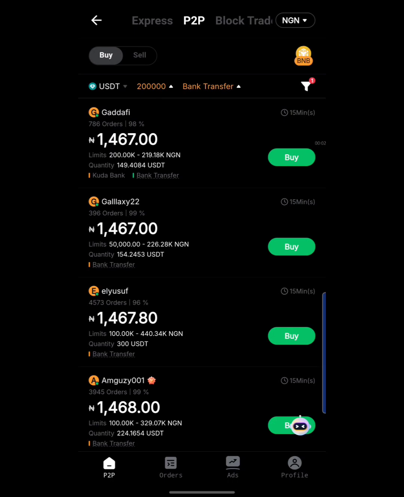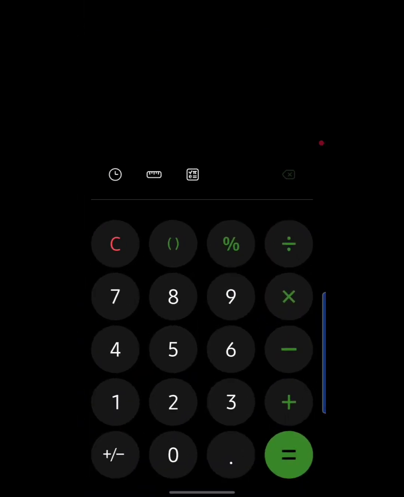All right, so guys, let's go over to my calculator right now so we can calculate the profit behind this trade. I'm going to type in 1,466.99. Remember, this is our selling price. It's much better than the rest of the prices over there on Bybit. So we'll multiply by the total amount of USDT we got after buying USDT from the sell side, from persons who came to sell to us.